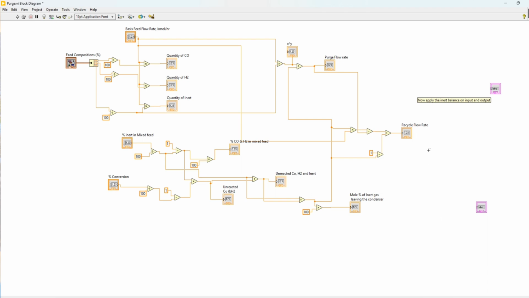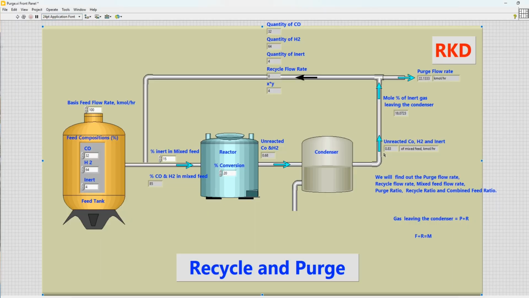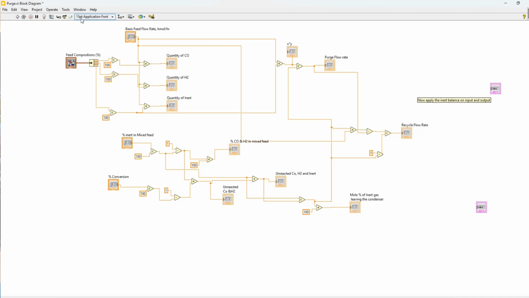So now what we are doing here, we are simply solving these two expressions, and then from here we'll find out the value of R. So now check what the value of R is coming. Wow, very good. This is coming negative, so there is a mistake.